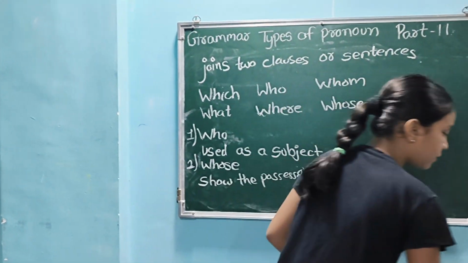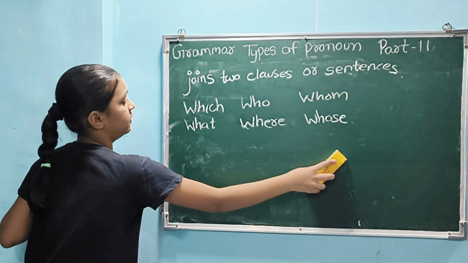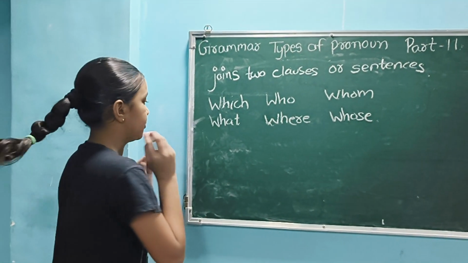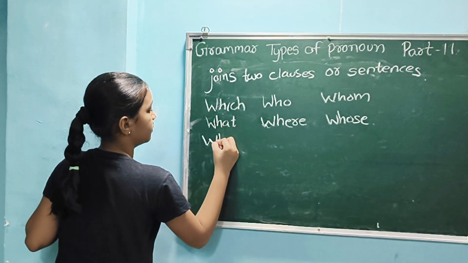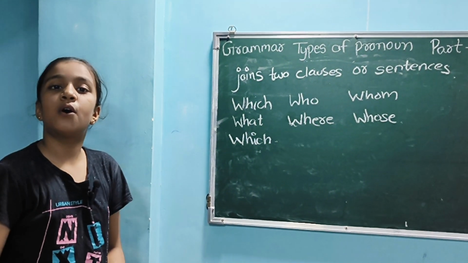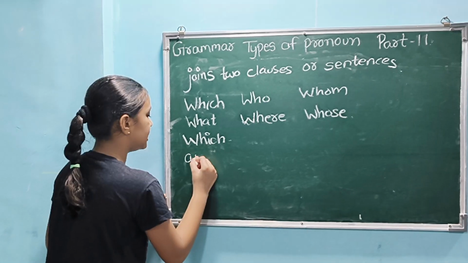So now let's move towards our next pronoun. Next pronoun is which. See, the pronoun which is used for animals and things both, to represent animals and things both.